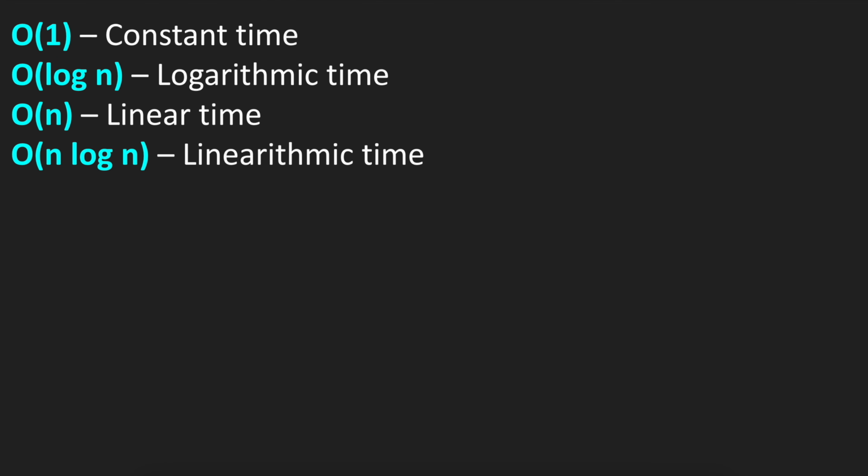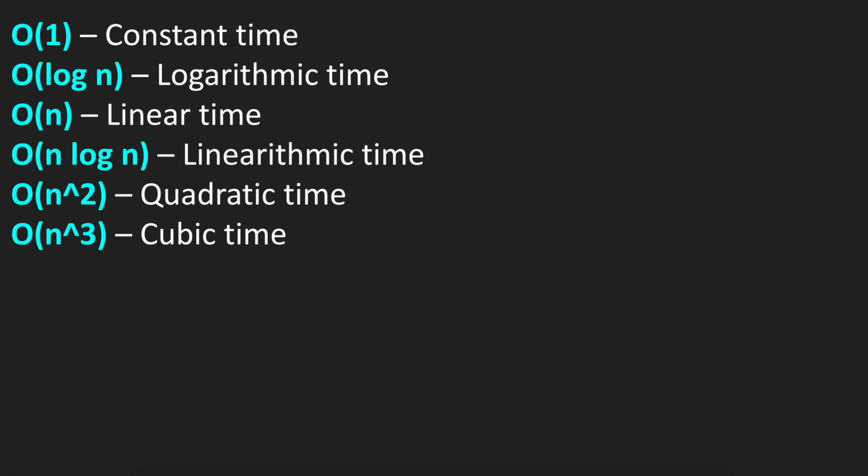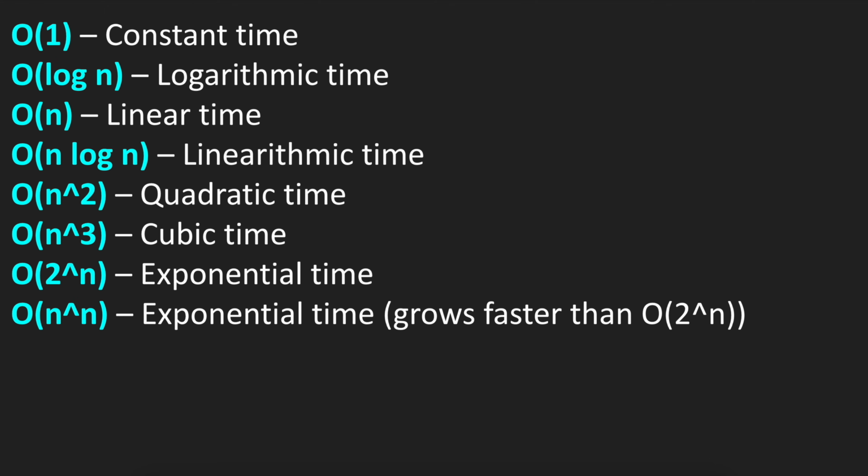The next one is n log n, and then quadratic time complexity. After that comes cubic time complexity, and then we have exponential time complexities, 2 to the power of n, or n to the power of n. N to the power of n grows faster than 2 to the power of n. And the last one that we have reviewed today is factorial time complexity.